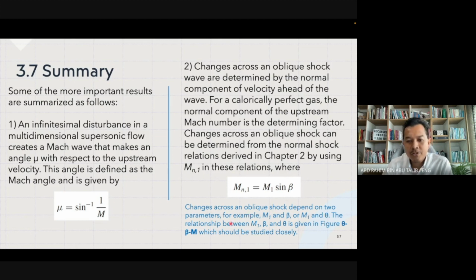The relationship between Mach number at region 1, beta and theta is given in the theta-beta-Mach number chart, which should be studied closely because you need two of any of these values to use the chart properly.